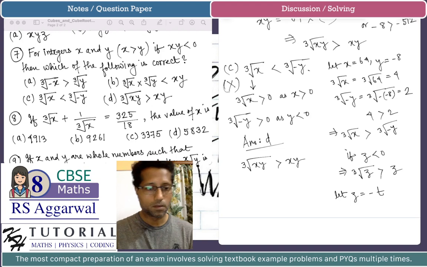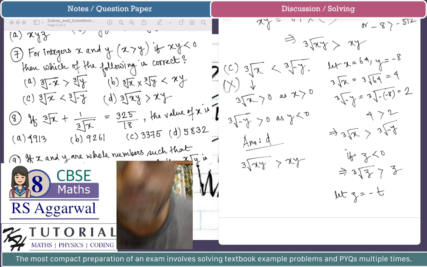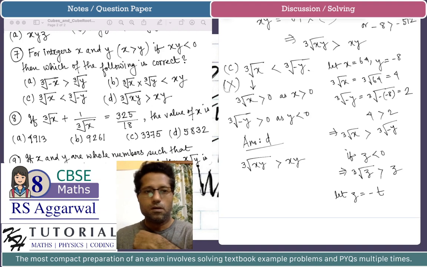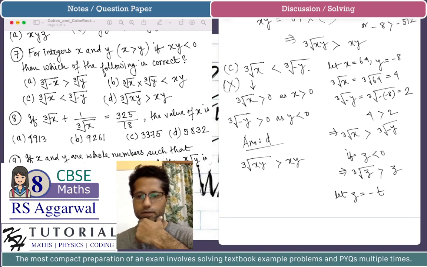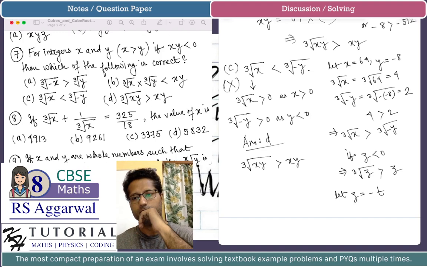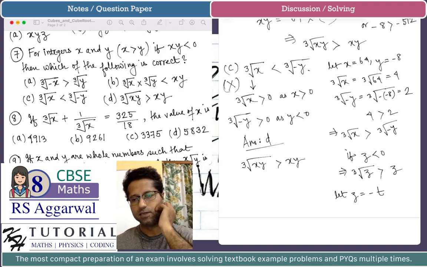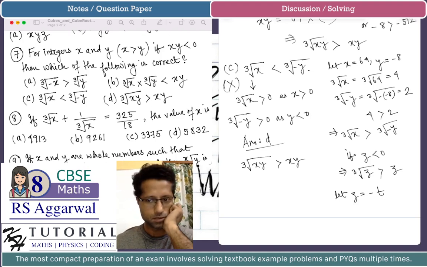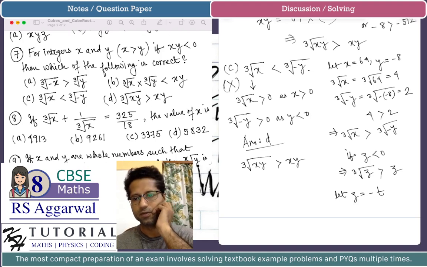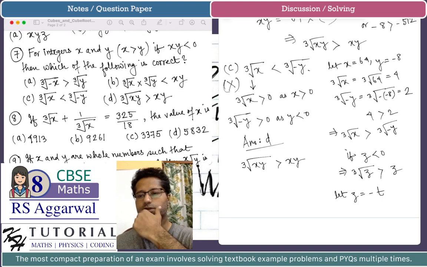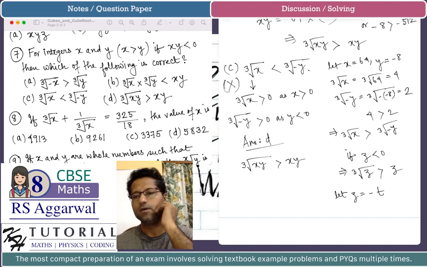Okay, sorry. So we were discussing that for a number z less than 0, the cube root of z will be greater than z.